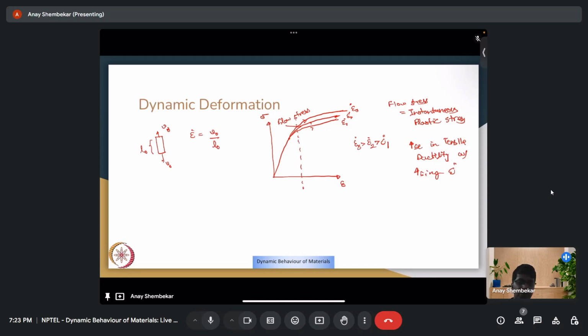I'll post a paper on experimental measurement of flow stress for different strain rates on the discussion forum. You can go through it and see how they measure the data, and it matches the key outputs that we are seeing: increase in tensile ductility and increase in flow stress with increasing strain rate.